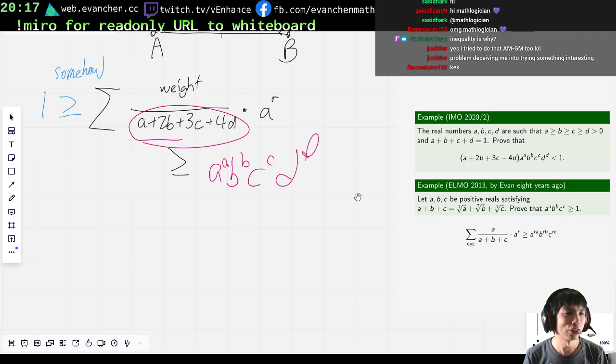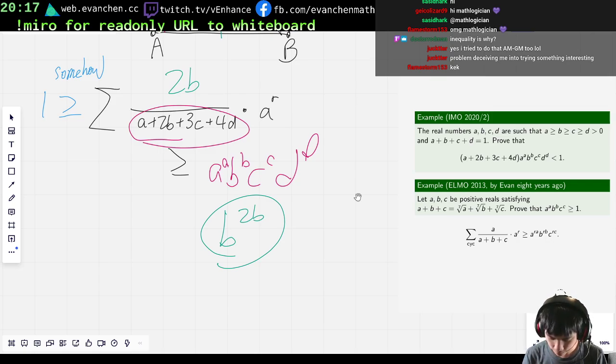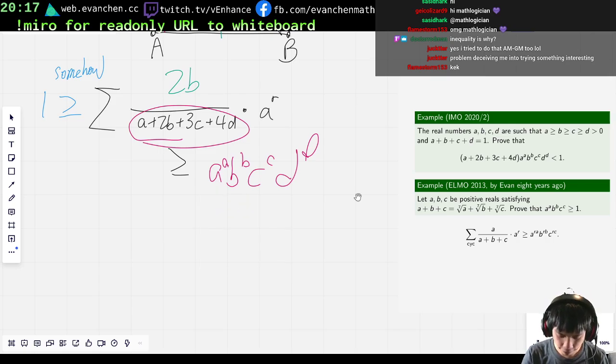The problem when you try this is that, let's say as an example, I put 2b or something. Well, then what you get on the right-hand side, you'll end up with a b to the 2b, which is not great. Maybe I can fudge the weights somehow. Because the weights add up to 10, I really want the exponents to add up to 10. So how would I do this?